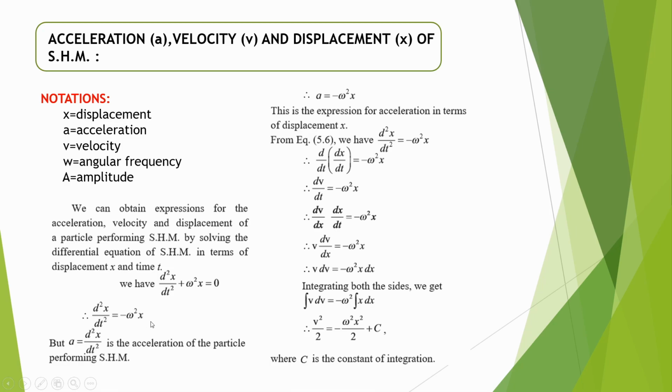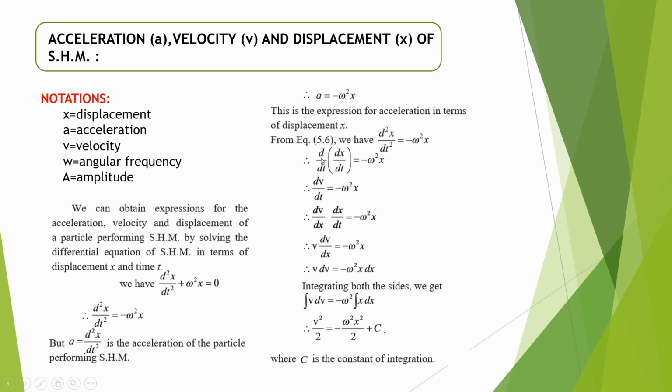So acceleration is equal to d square x by dt square, the acceleration of a particle performing SHM. Substituting that, acceleration is equal to minus omega square x, and this is the expression for acceleration in terms of displacement x.